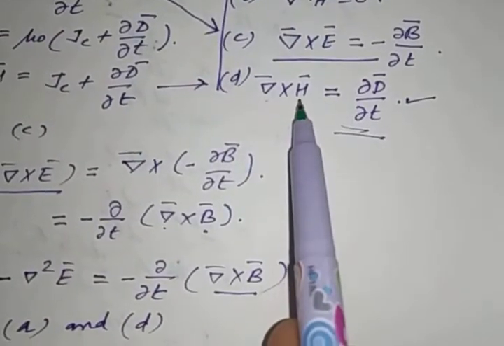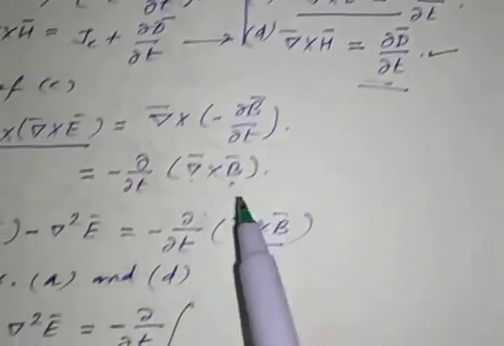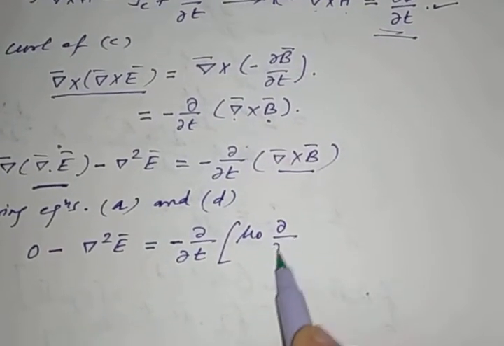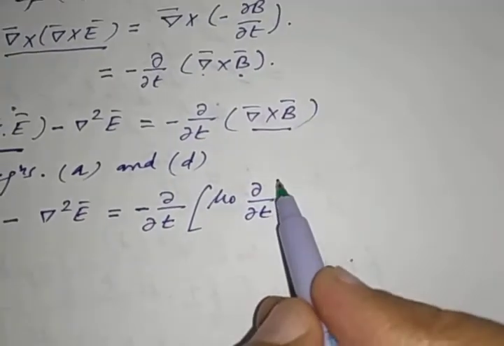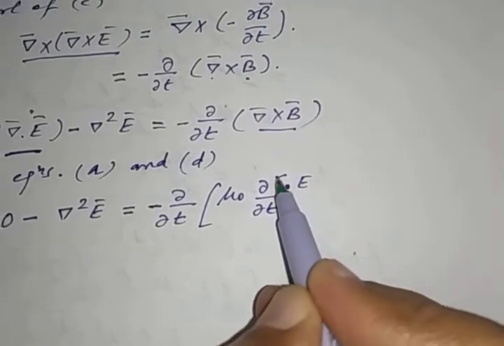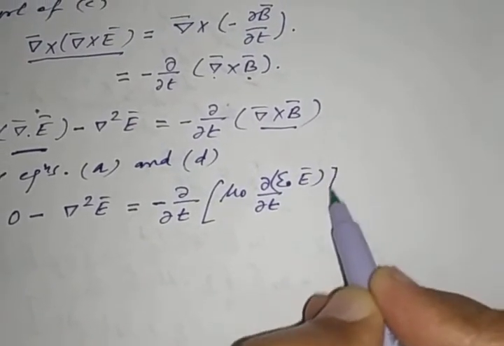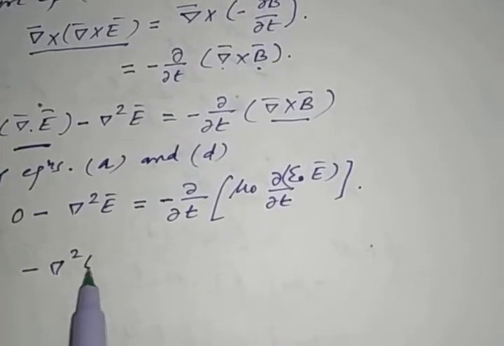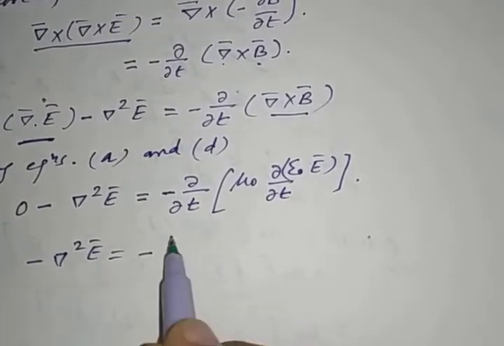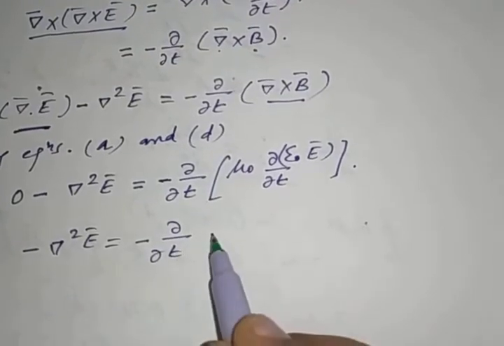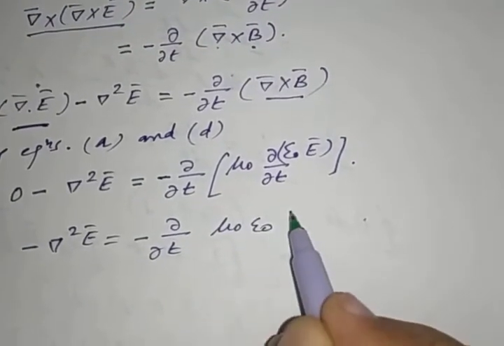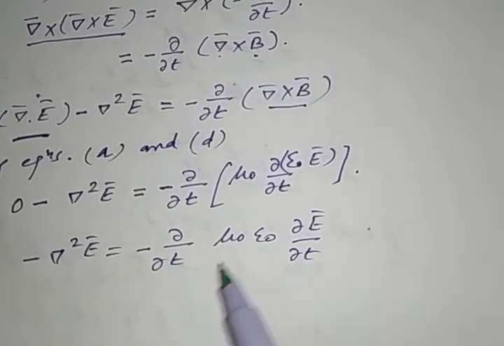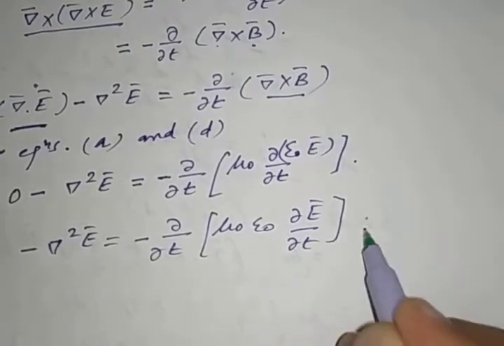So over here it is B by mu naught, so it will be mu naught del by del t of epsilon naught E. So minus del 2E is equal to minus del by del t of mu naught epsilon naught del E by del t. So this is the value we got over here.